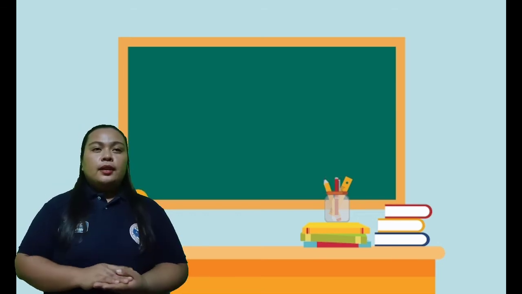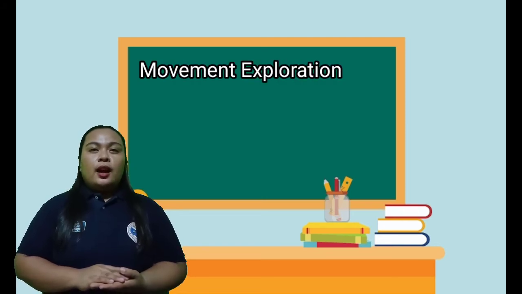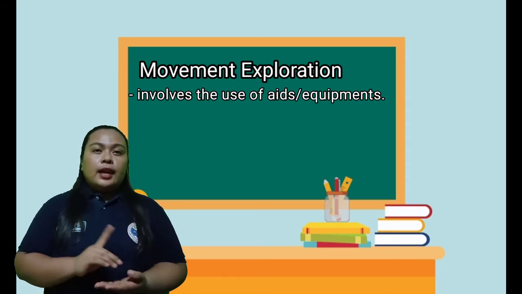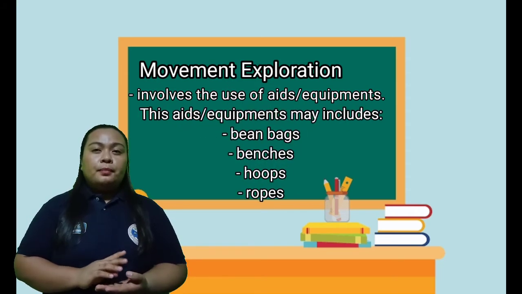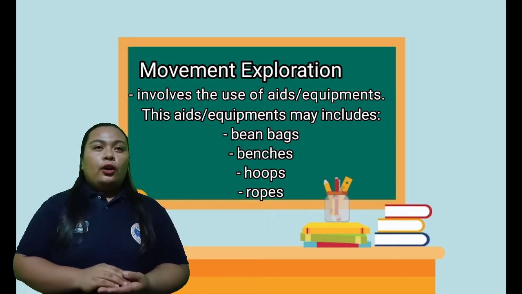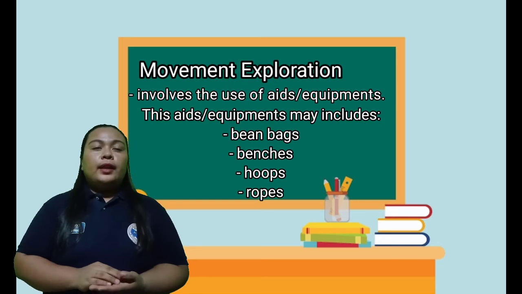And next is the movement exploration. This method of teaching involves the use of aids or equipment. These aids or equipment may include bean bags, benches, hoops, and ropes. With bean bags, the students will put them on the head and balance them. With the benches, the students will move on the benches back and forth.